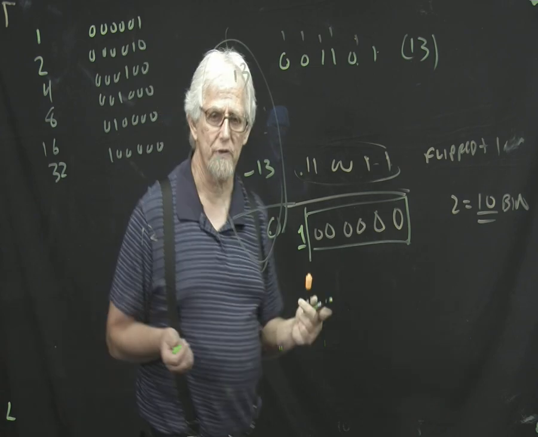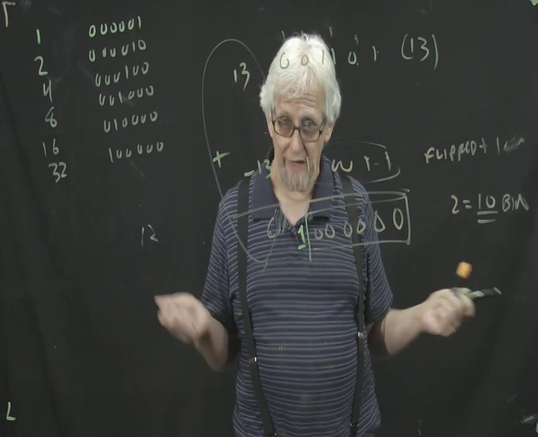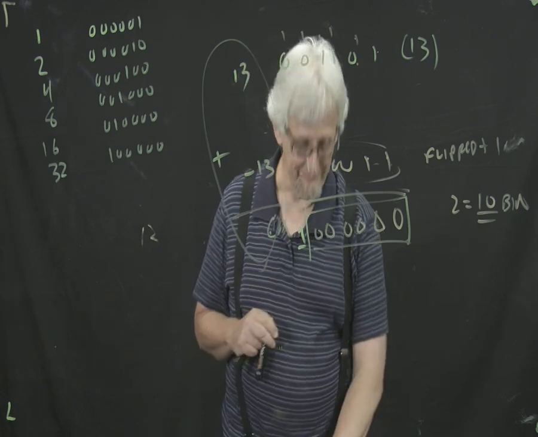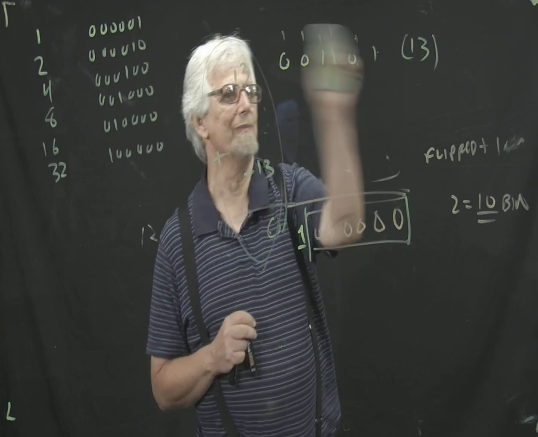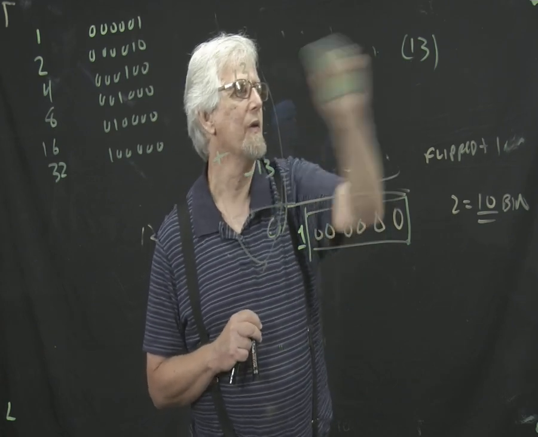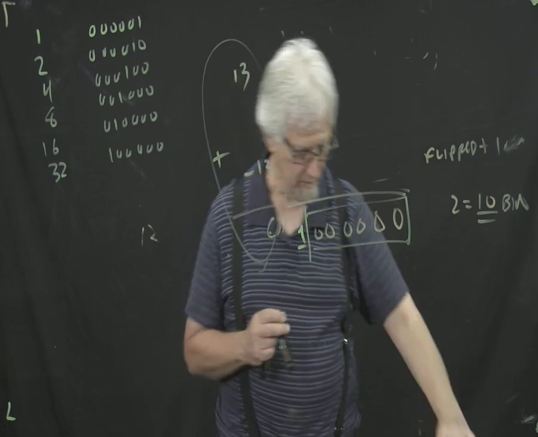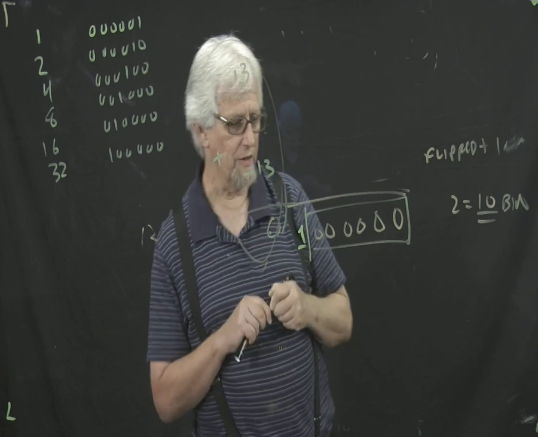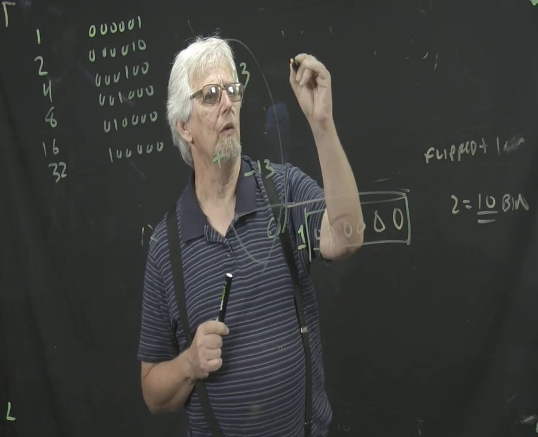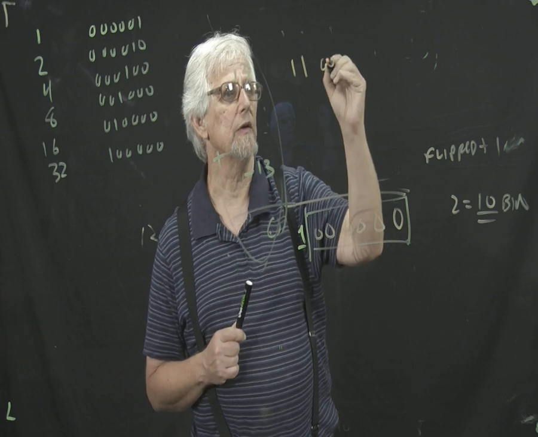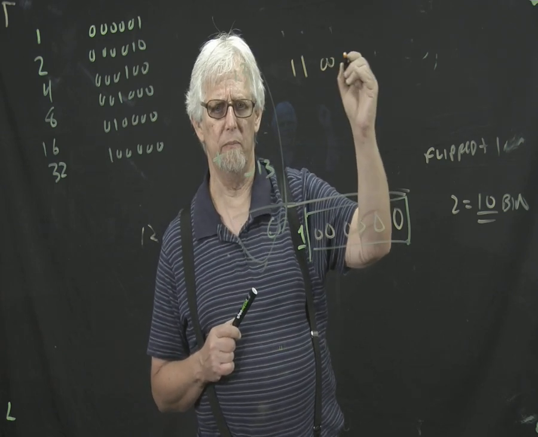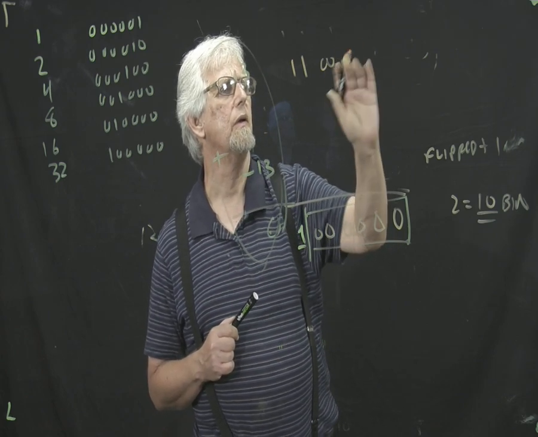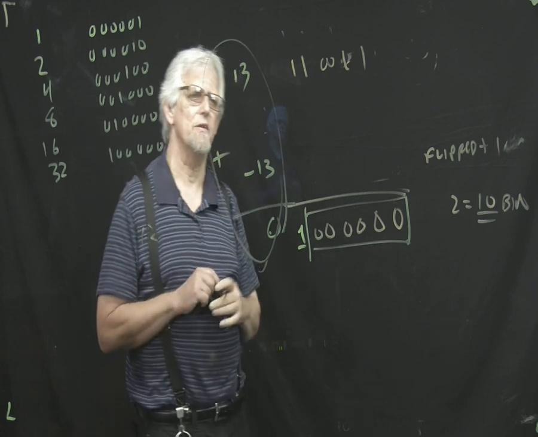Okay? Does this work the other way? If I started with a negative 13, would I get 13 out? Here was my negative 13. My negative 13, if you recall, was 1, 1, 0, 0, 1, 1. Nope, that was negative 13.